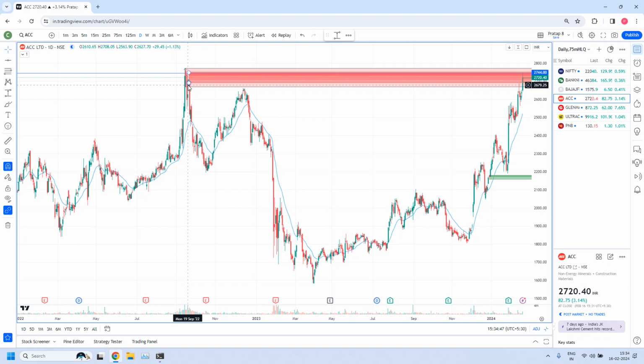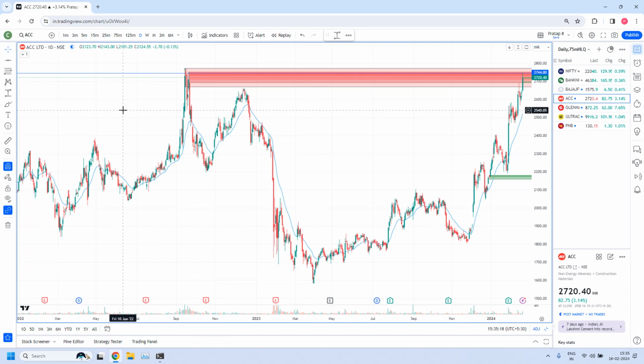For daily data and above, I have data from the year 1994 onwards, but intraday data I have from the year 2020, that is the last 4 years of data. So with the help of NeoStock software, I can check if there are any zones within this area.